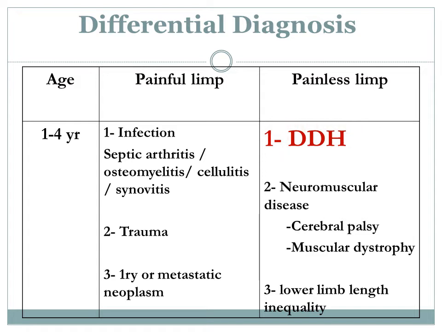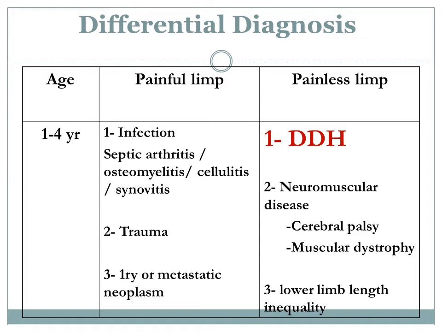Once the child starts to walk at around 1 year of age, if he has DDH, there will be limping from the start of walking. The second etiology could be secondary to neuromuscular disease such as cerebral palsy, muscular dystrophy, or myelomeningocele, for example. And the third etiology of painless limp in this age group is lower limb length inequality.